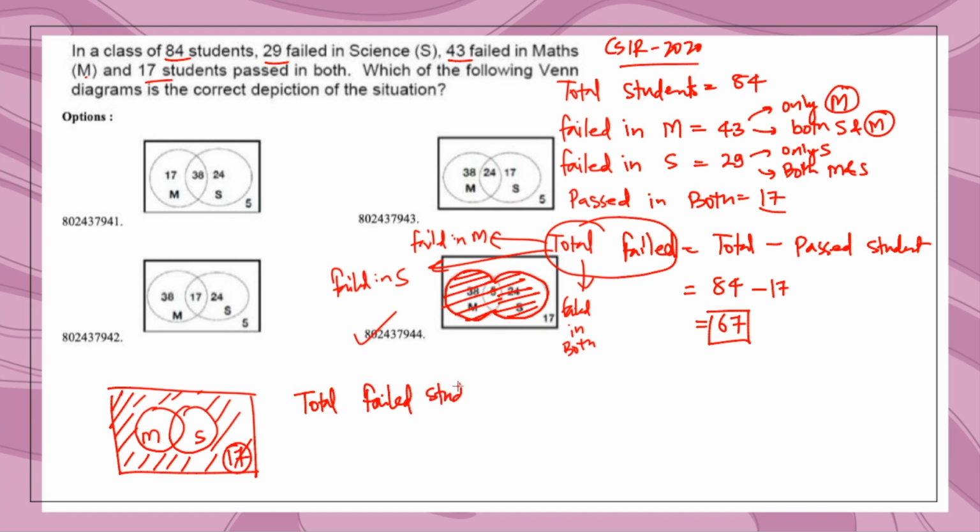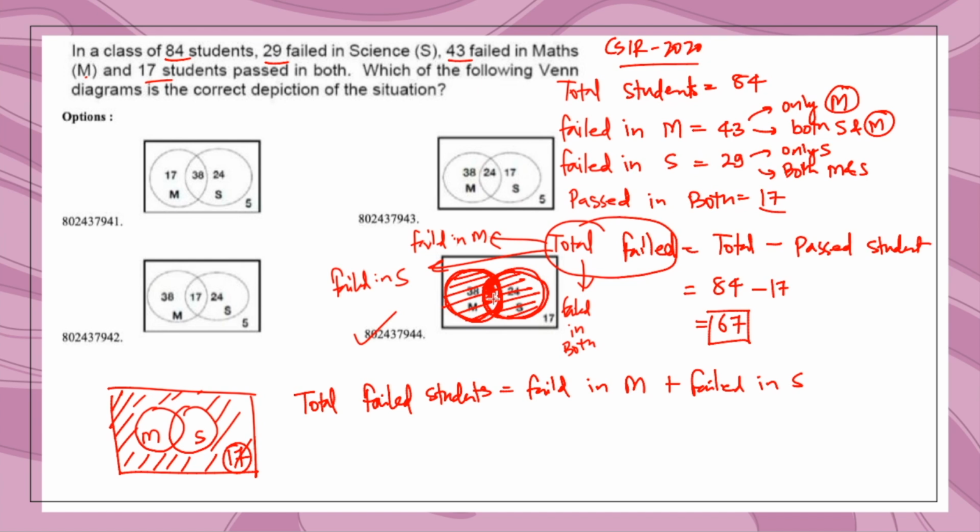So total failed students will be equal to how much? Those who failed in maths plus those who failed in science. Now you have added failed in maths and failed in science, so in that process you have added this central area two times. Once when you were adding maths, you added this portion, and once when you were adding science, you again added this portion.